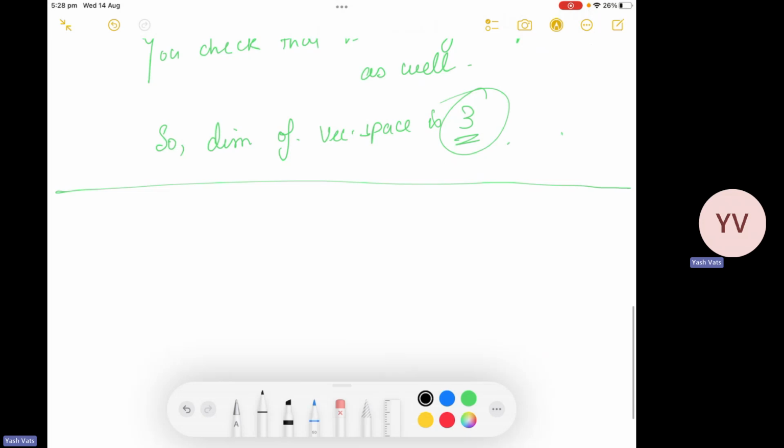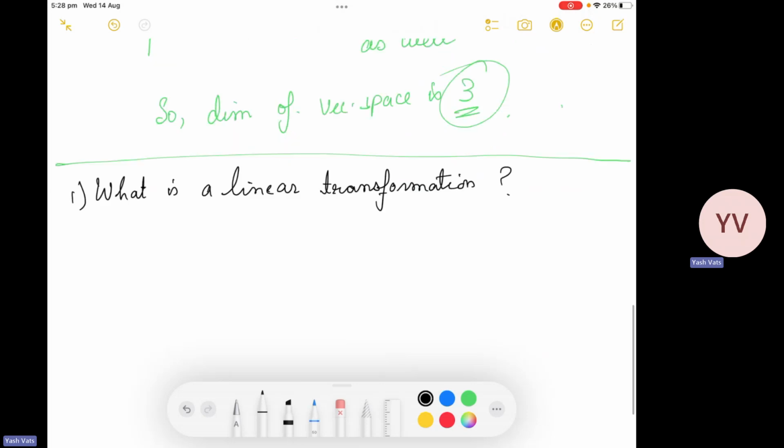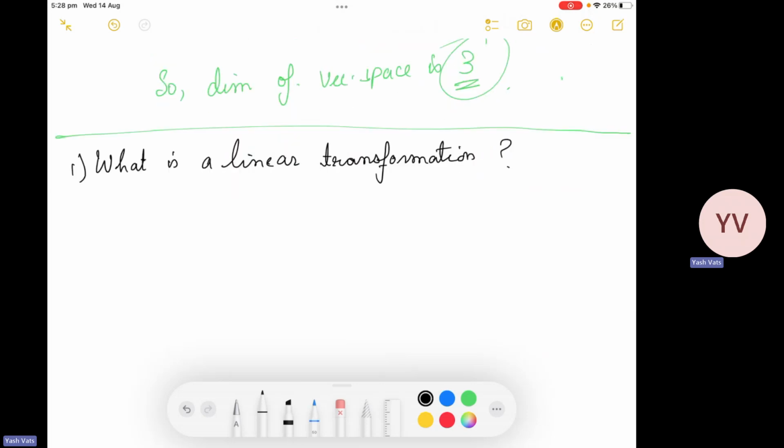So now I want to tell you what a linear transformation is.